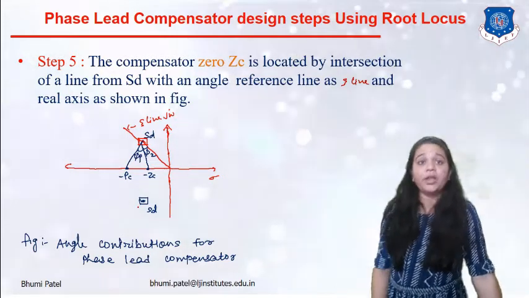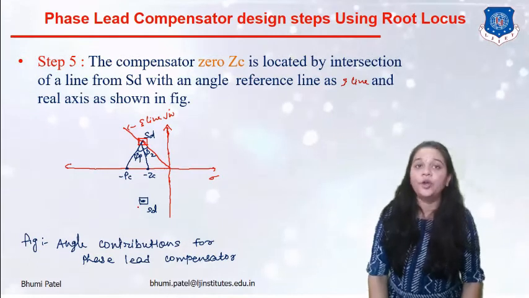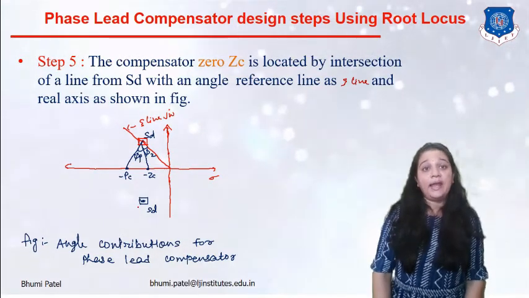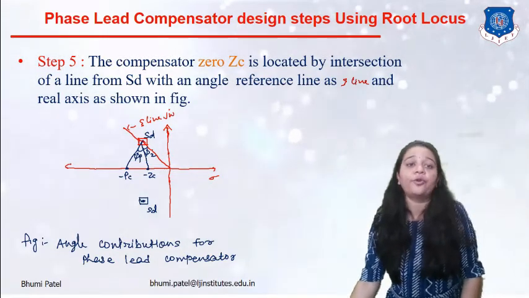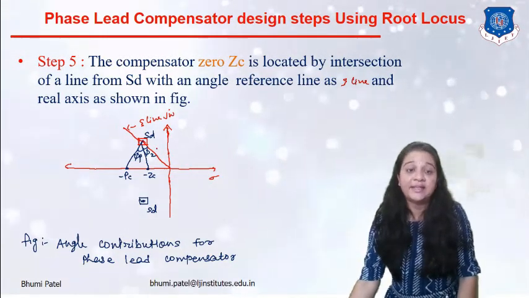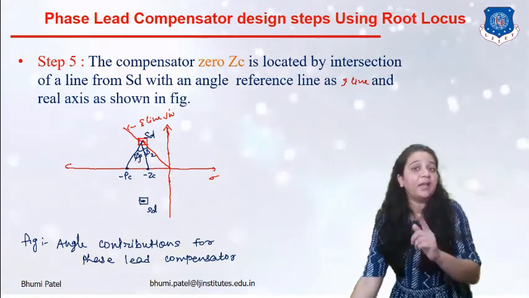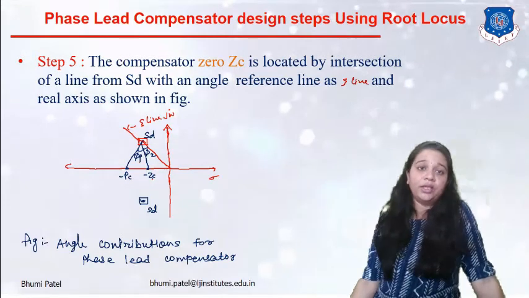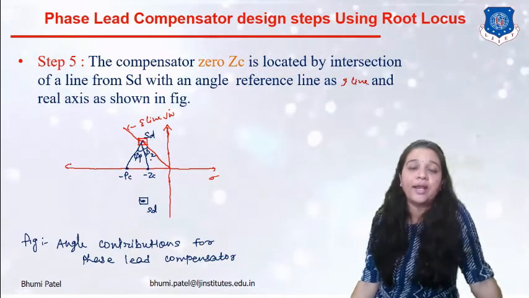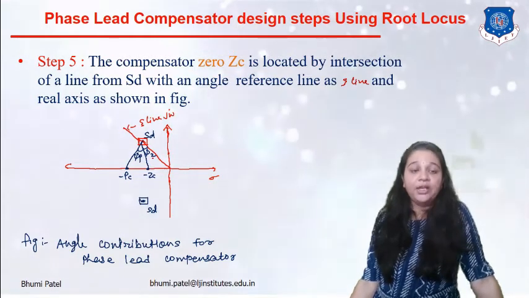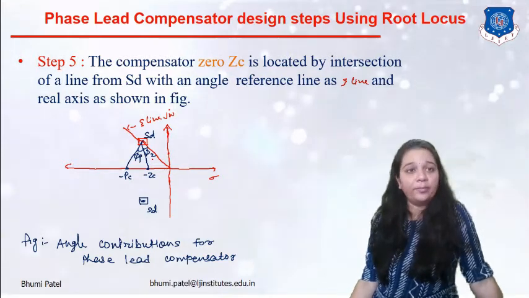The compensator zero ZC is located by the intersection of the line from the HD with the angle with the reference line of zeta. So we have to draw the angles. The first angle is phi z, which we found in step number 4, and phi p, which we found in step number 3. With the reference line of zeta we draw the angles phi z and phi p. This is the diagram of the angle contribution for the phase lead compensator.